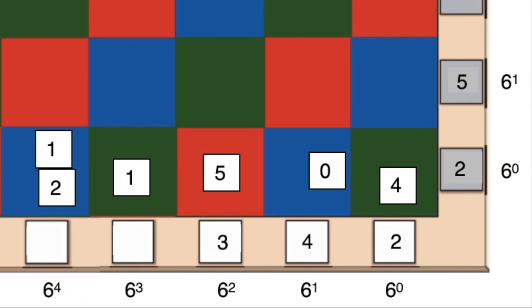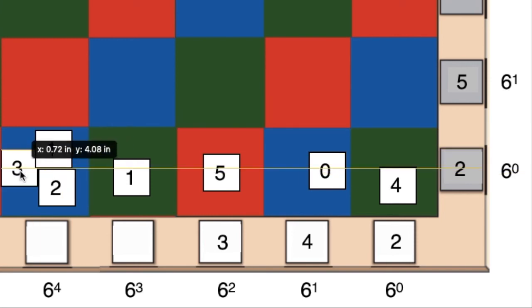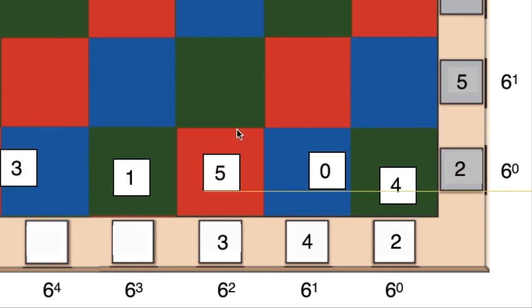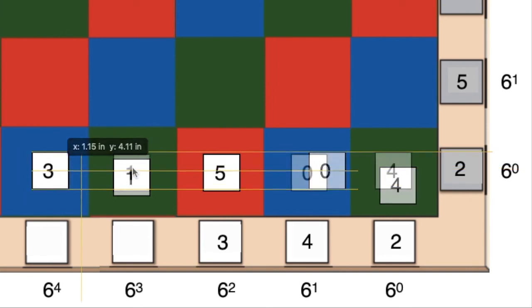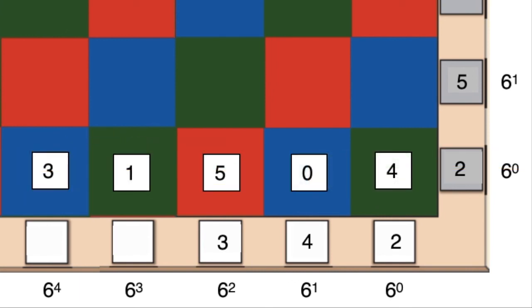And lastly, we have a total of 3 6 to the 4ths. This gives us a final number of 31504 in base 6.